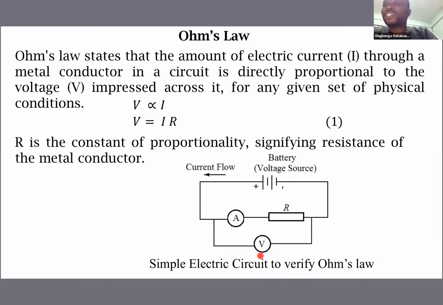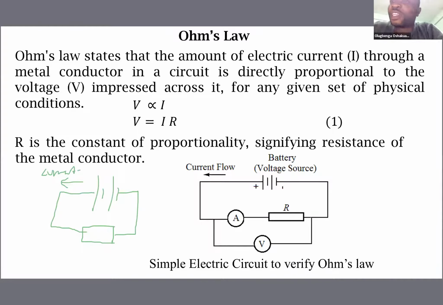So if we ignore the meters and have our circuits in this form, where we have a battery connected to a resistor, we would expect current to flow in this direction. You would notice that the positive terminal in batteries is higher than the negative terminal, unlike in capacitors where the schematic symbol is represented by two parallel lines of the same length.